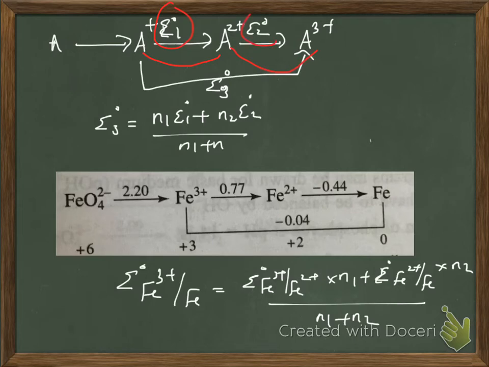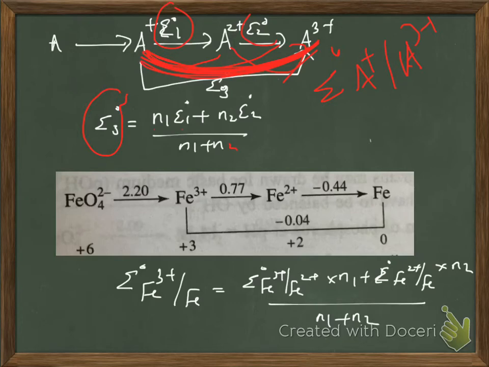Then you have been asked to calculate E0 A plus bar A3 plus, here to here. To find out this potential of a non-neighboring couple, we have to use the equation E03, that means potential of this couple equals N1 E01 plus N2 E02 divided by N1 plus N2.